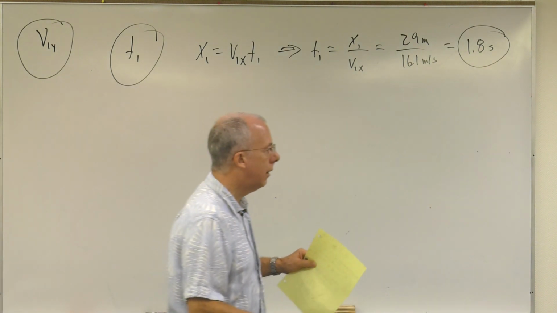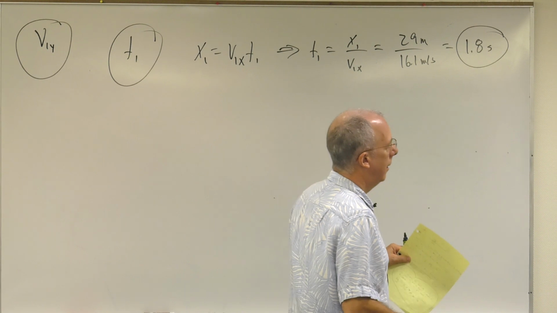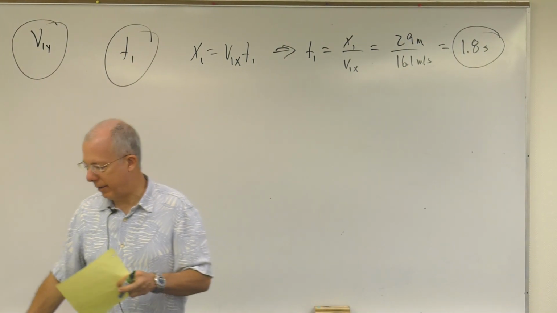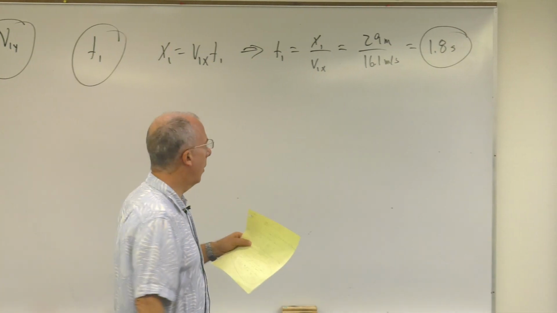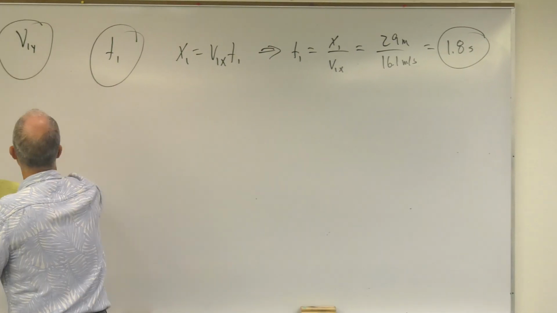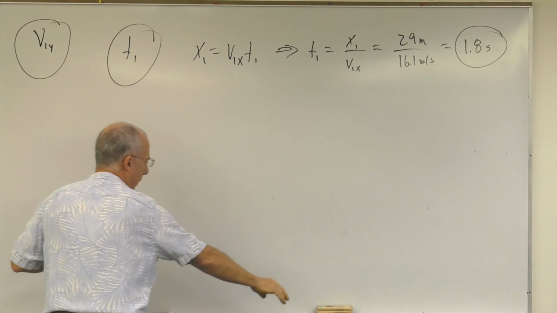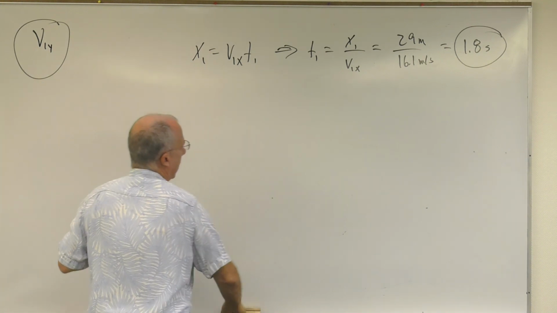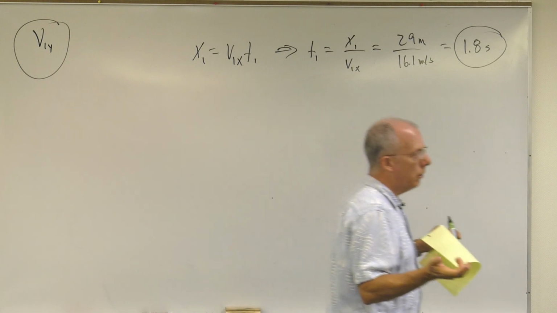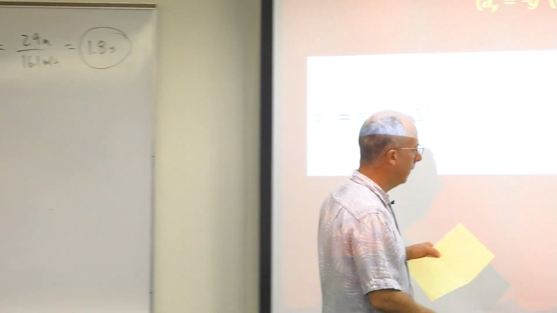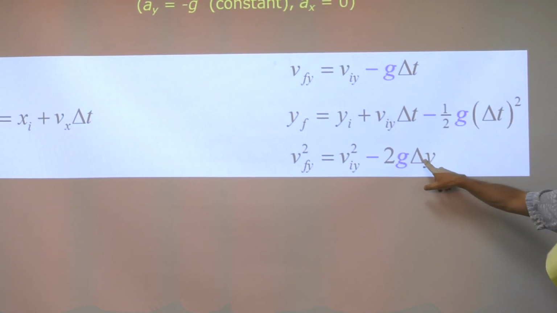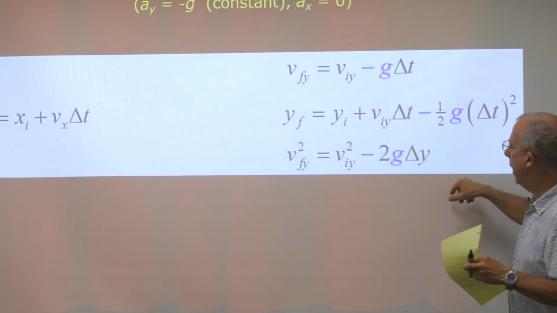Now you look at your kinematic equations. We want to get v1y. We don't know y1, but we know t1. We can't use this one, because this would mean we have to know y0 and y1.